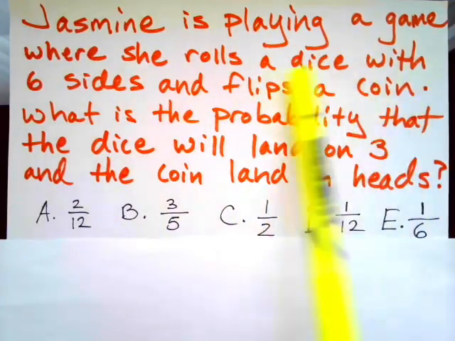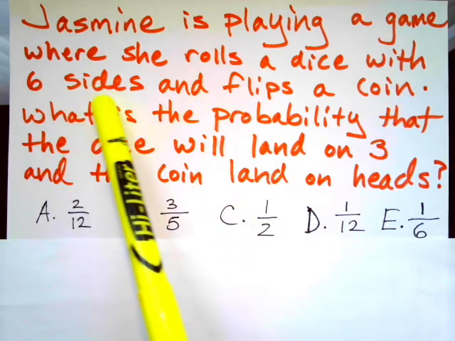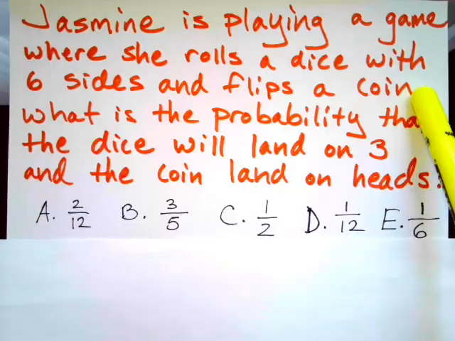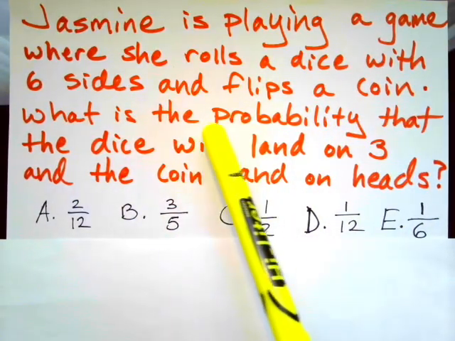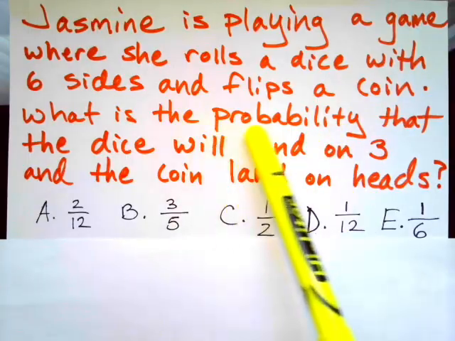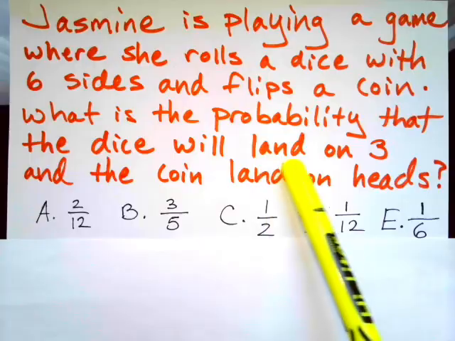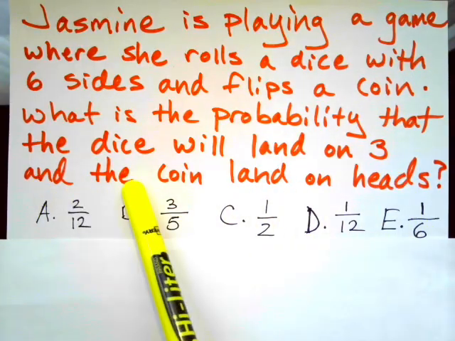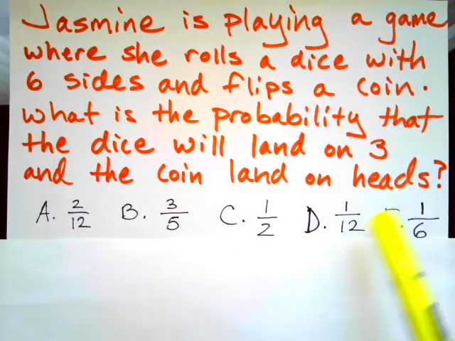Jasmine is playing a game where she rolls a dice with 6 sides and flips a coin. What is the probability or odds? That's another way of saying probability. What's the odds that the dice will land on 3 and the coin land on heads?